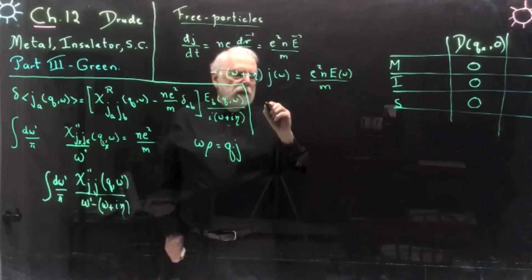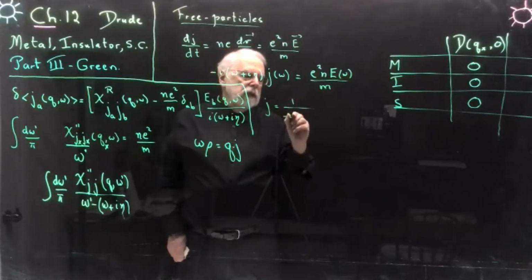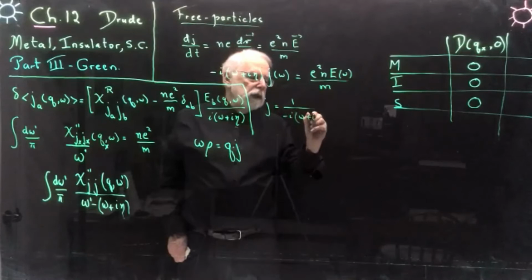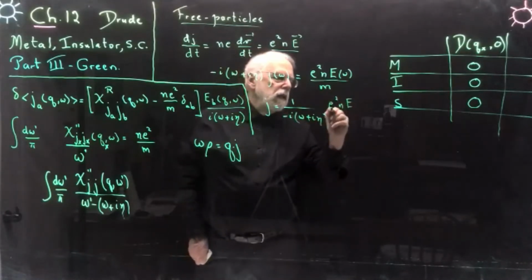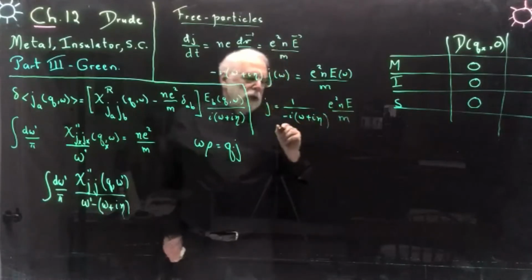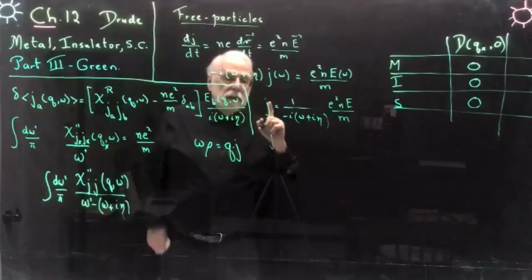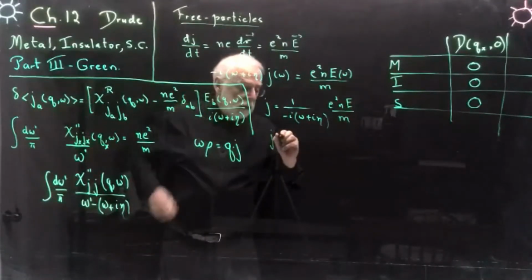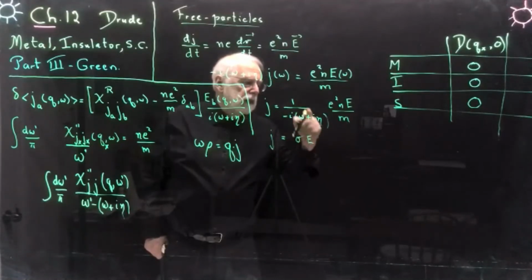Which means that j is equal to 1 over minus I omega plus I eta times e square ne over m. So what is the conductivity? What leads to dissipation? J is sigma E, and the dissipation is the real part of sigma.